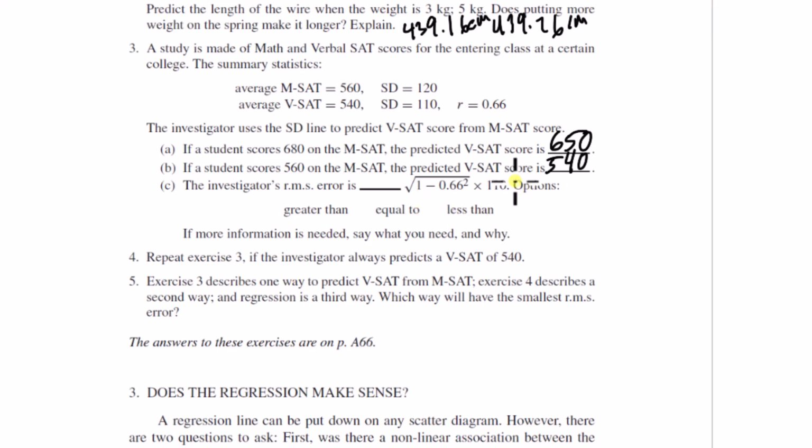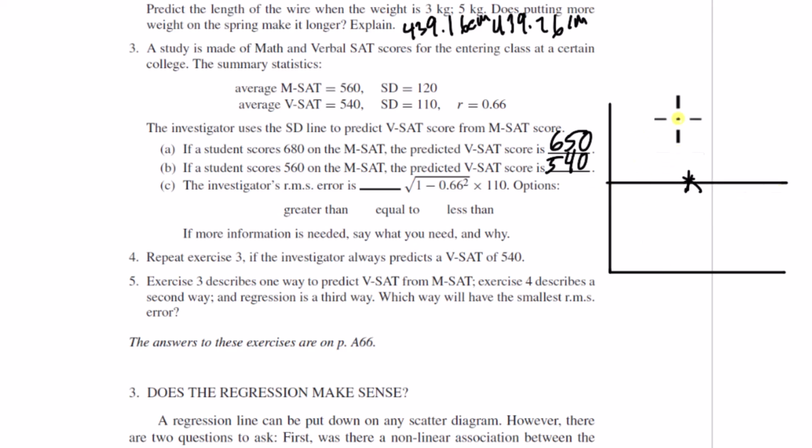Now, what exactly the RMS error is relative to the SD line, I don't think we ever explicitly talked about that. That wouldn't be the standard deviation in the Y direction, because that's the RMS error relative to a horizontal line going through the point of averages. We're talking about the SD line here.